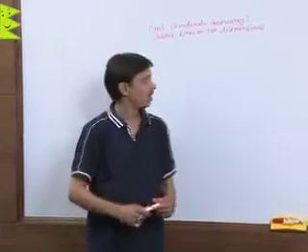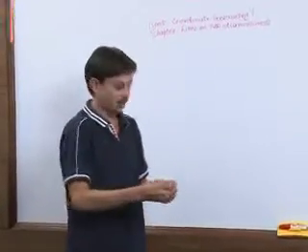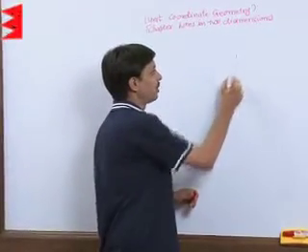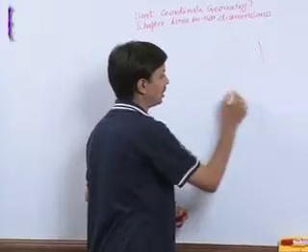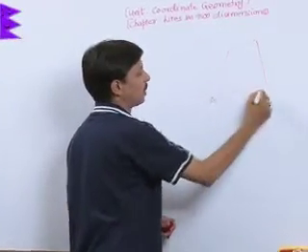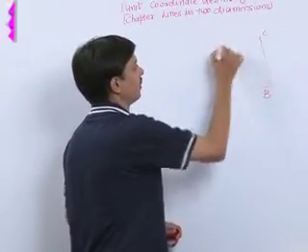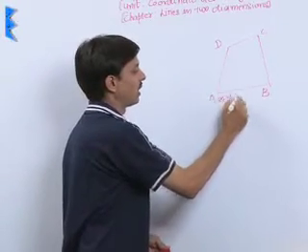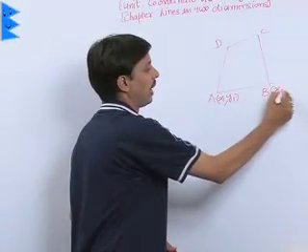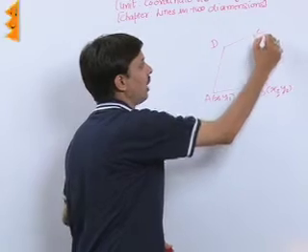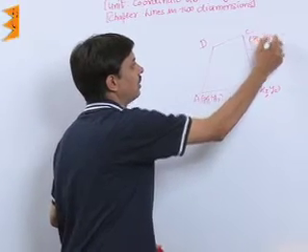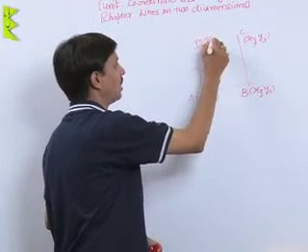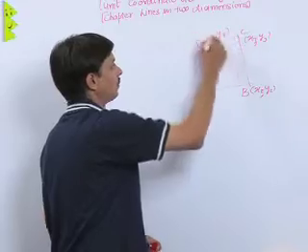Suppose I take an example of any quadrilateral in general. First of all, I am explaining a general result. Suppose ABCD is any quadrilateral. Its vertices are (x1, y1), (x2, y2), C is (x3, y3), and the coordinates of D are (x4, y4).